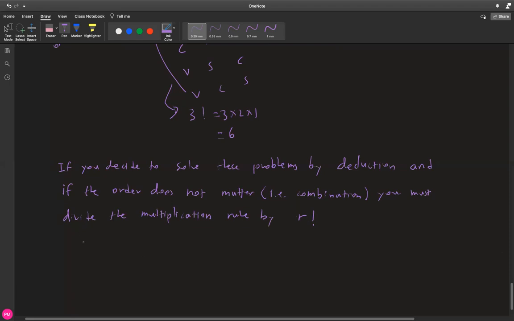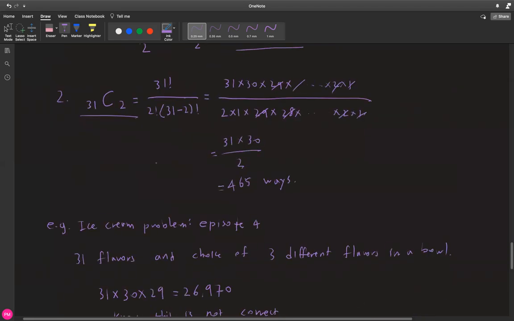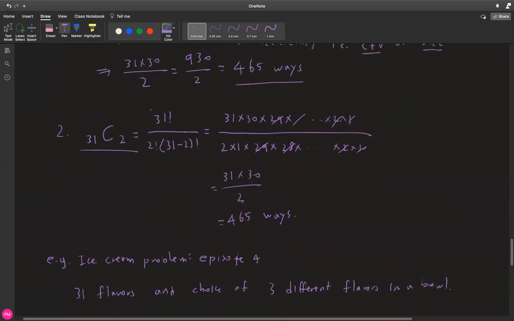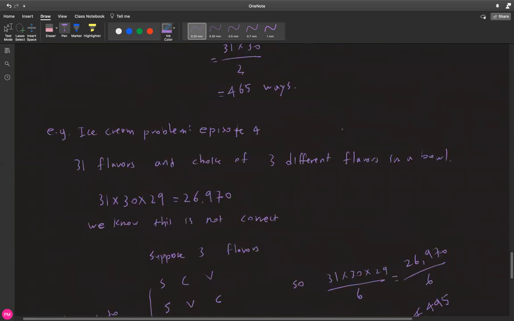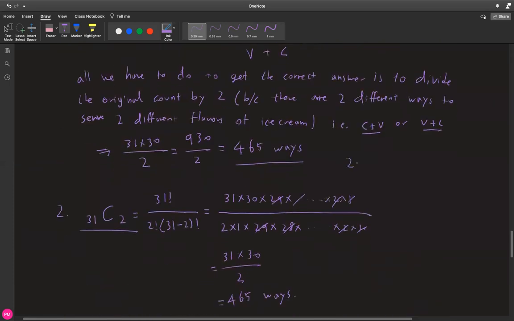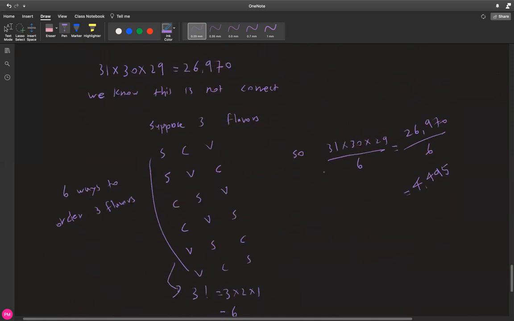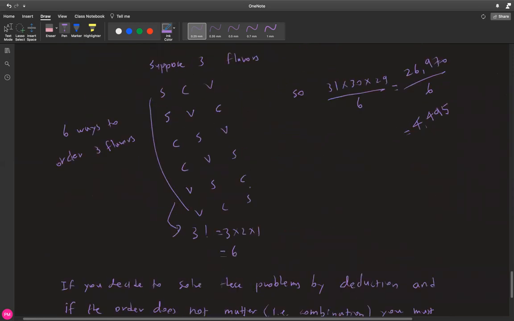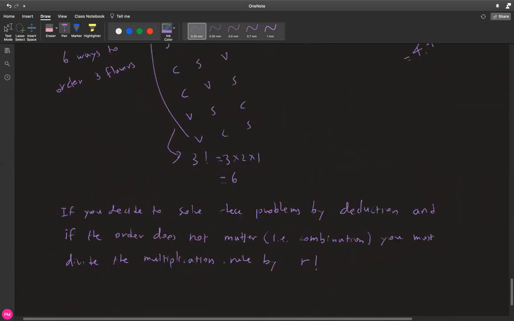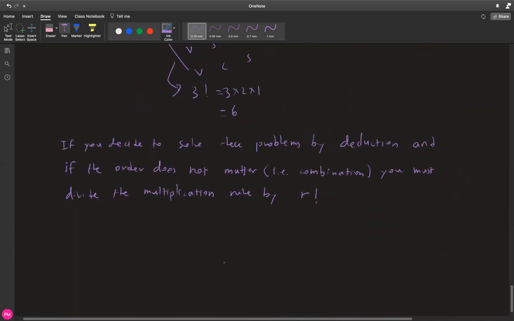So for example, for the previous example here, we divided by 2, and that's actually 2 factorial. And 3 is 3 factorial, which is 6. And lastly, if you were given the same problem, but now with 4 different flavors, it'll be very hard to label out everything.